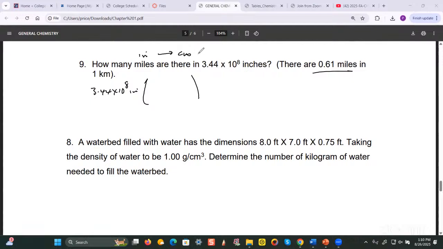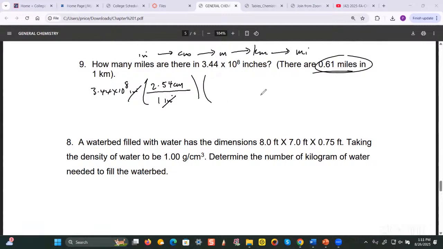And then I'll go from centimeters to meters, and then from meters to kilometers, and then kilometers to miles, because of this relationship that they gave us, right? So we're going to need a series of 1, 2, 3, 4 conversion factors. The first conversion factor allows you to convert from inches to centimeters. So that will be 2.54 centimeters is equal to 1 inch. So this goes with that.